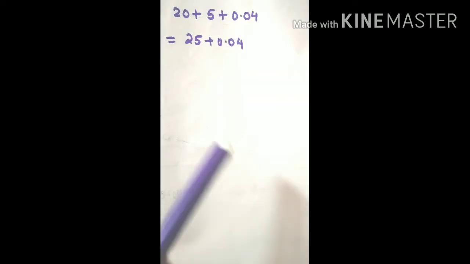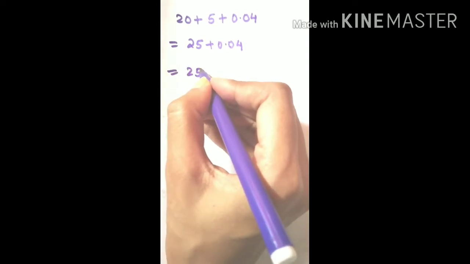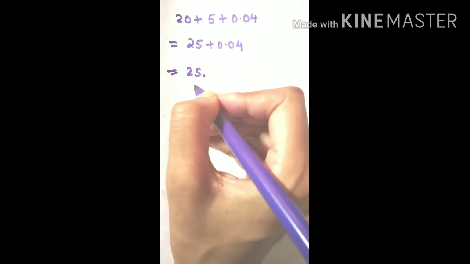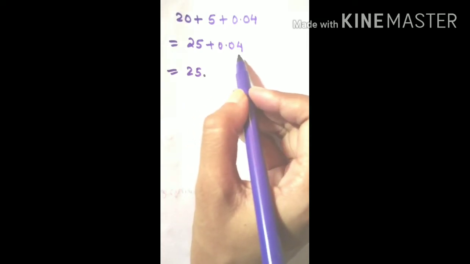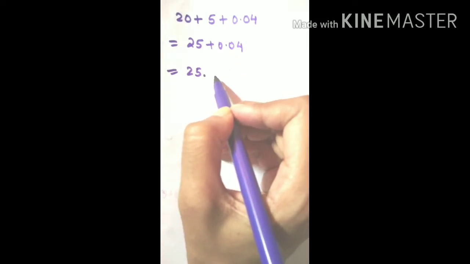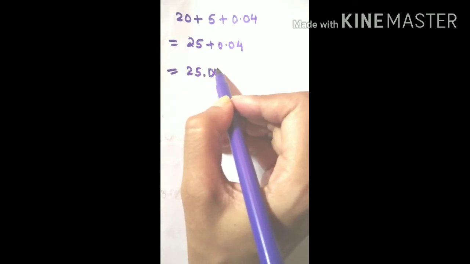And the last digit in 25 is 5. So I will put a point after 5. Now, since there are 2 digits after the point here, even here I have to put 2 digits. But what 2 digits shall I put? I cannot put any other 2 digits except 0. So I will be putting 2 zeros here.